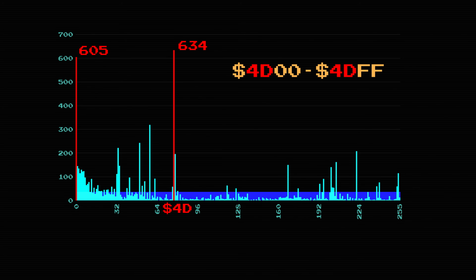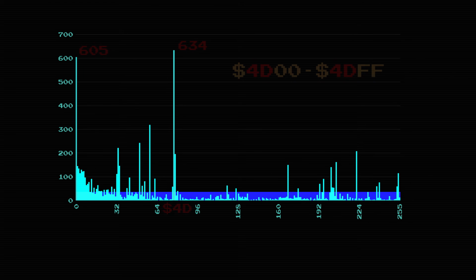So each instruction that wants to read or write to any of these variables is going to make the byte hex 4D show up in the code. Some numbers just don't show up at all in the first 8 kilobytes, like 65, 141, 146, and 186.